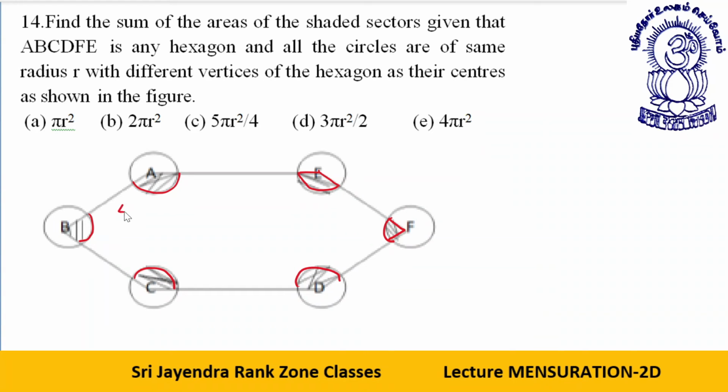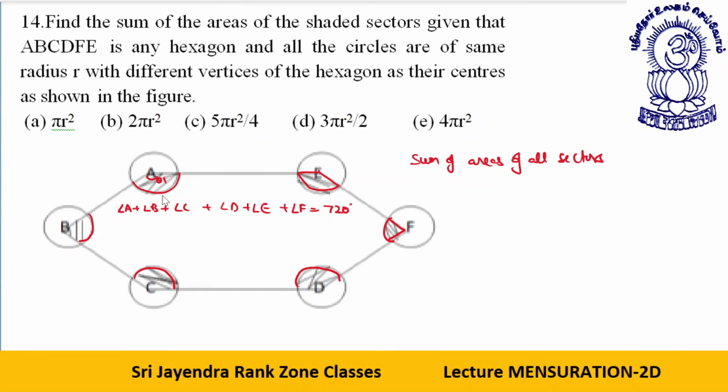Angle A plus angle B plus angle C plus angle D plus angle E plus angle F is equal to 720 degrees. Okay, so now what will happen? Sum of areas of all sectors.